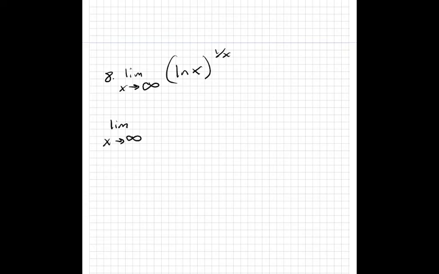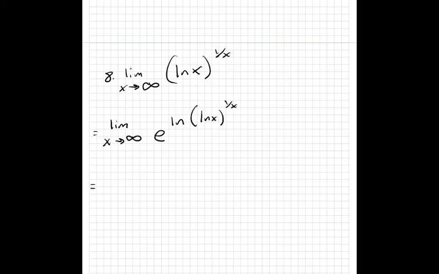So now we're going to say e to the power of natural log of that thing. So we have the log of the log. It's a double log going on here, right? Now we can pass this limit through.